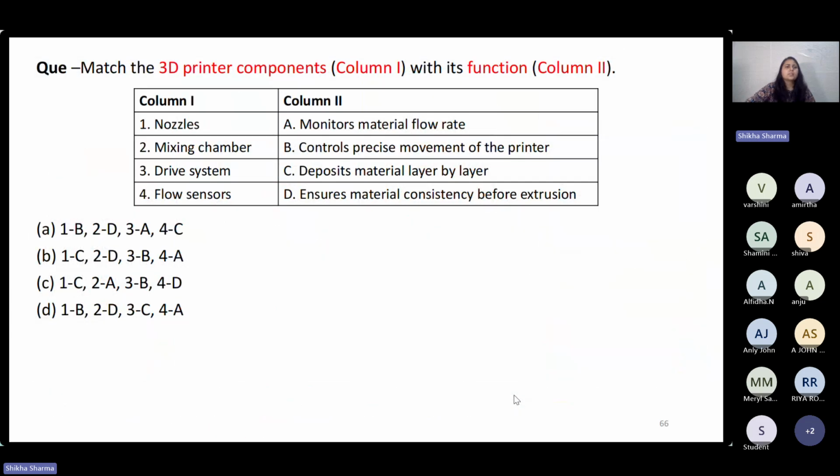Okay, let's discuss this question. We have in column 1 3D printed components like nozzles, mixing chambers, drive system, flow sensors, and in column 2 their functions are given. So, would anyone like to match?